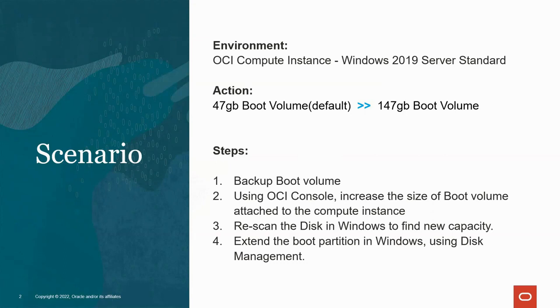But when I say increase, OCI does not allow you to decrease the size of your boot volume later on. So make sure you add the capacity that you need, because otherwise you won't be able to reduce it back. And obviously this is based on our block volume storage cost option.